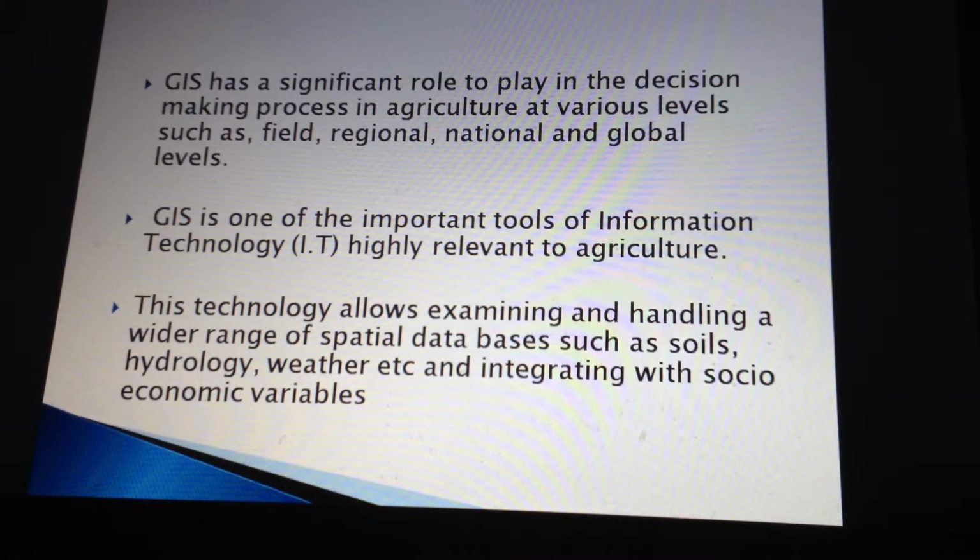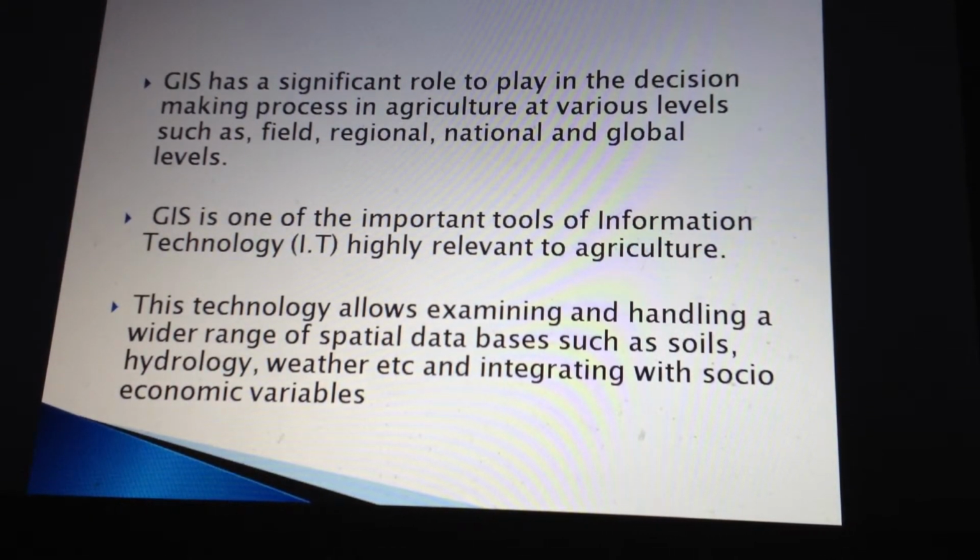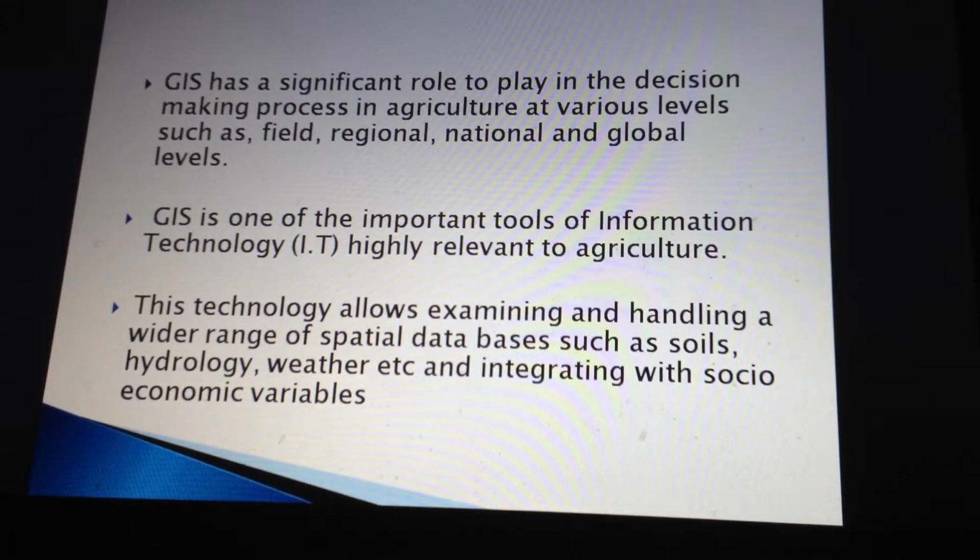This technology allows examining and handling a wider range of spatial databases such as soils, hydrology, weather, etc., and integrating with socio-economic variables.